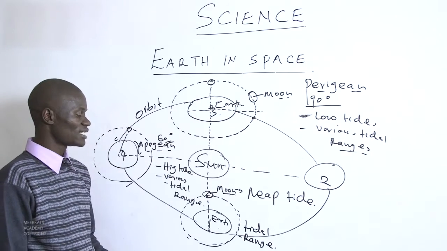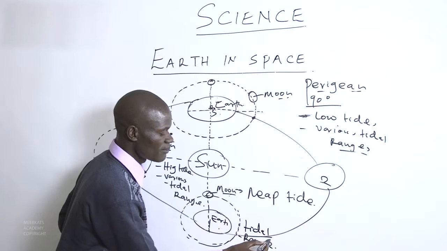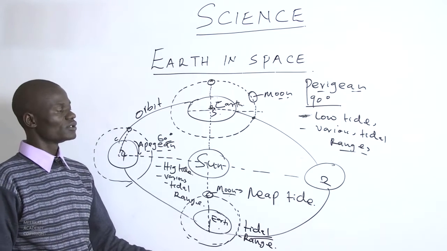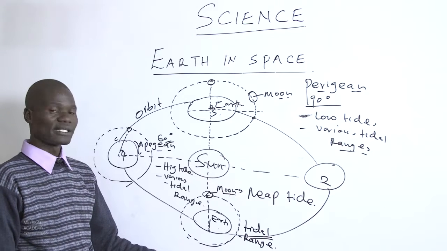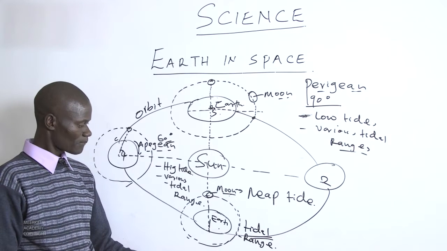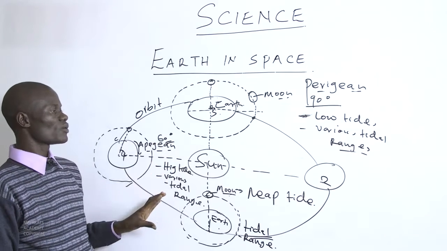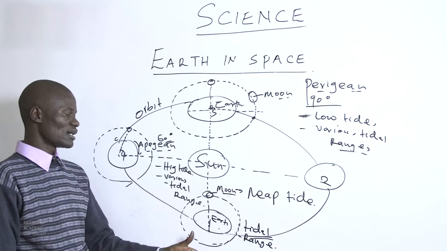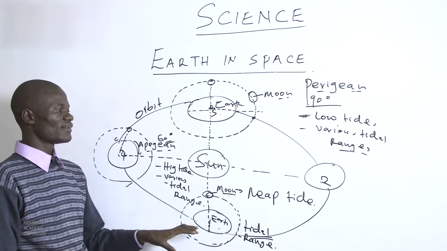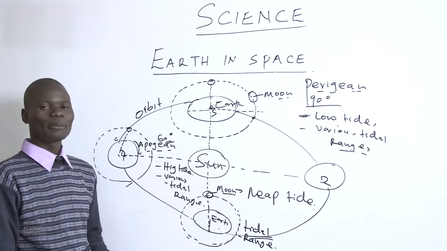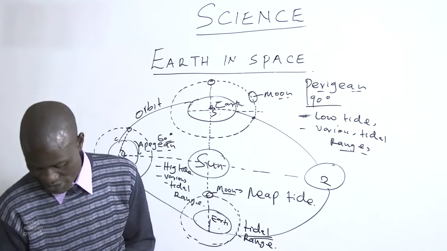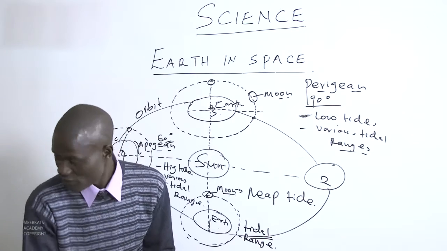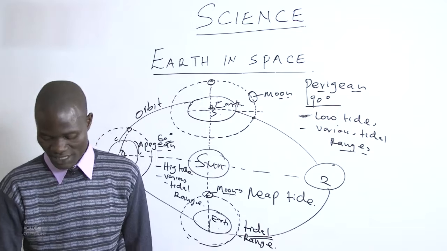As a result of that, there will be some effect of those tides, as we'll be able to look at them in the next lesson. Therefore, this is how the various types of tides are formed and how they occur in various regions on planet Earth, because we have been able to understand that it results from various movements of the Earth.